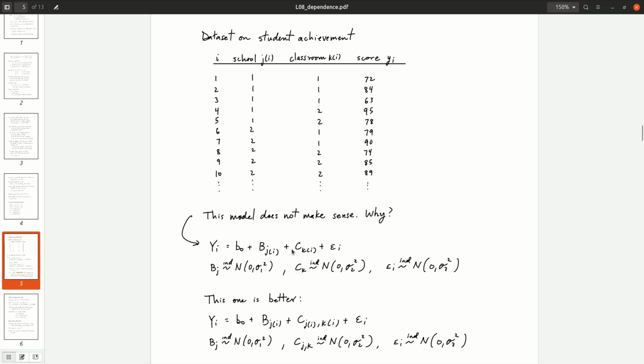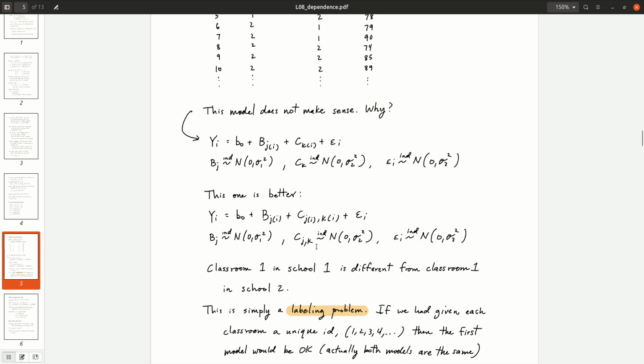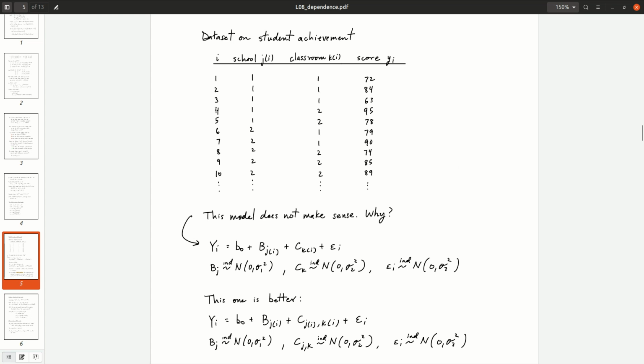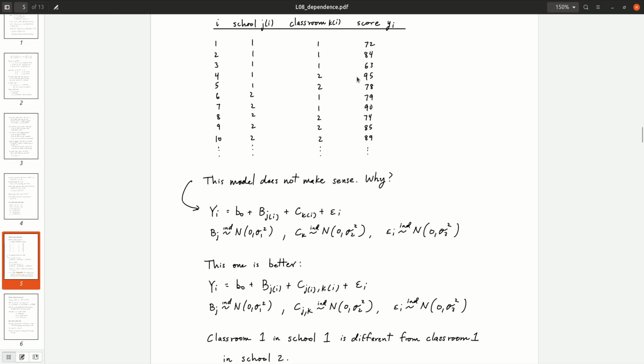You would get different identifiers for each classroom, and everything would be fine. The way I like to fit these models, given a data set that looks like this, is to create a new column like school_classroom and use that variable as the factor.